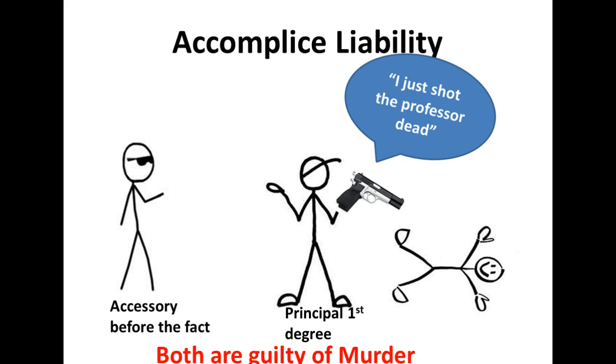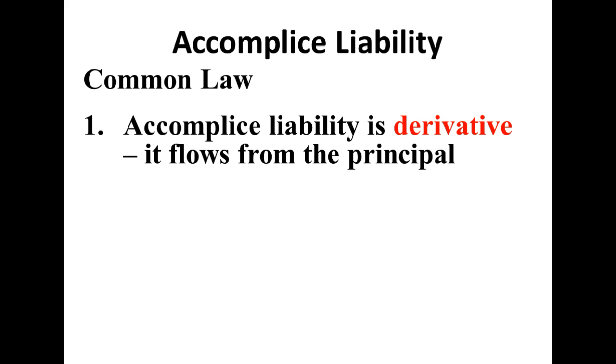So there is the principal, and then there are the accomplices, and they are the ones who aid, encourage, and assist the principal in committing the crime. So, at common law, accomplice liability is derivative. That is, it flows from the principal. So the accomplice's liability, their criminal fault here, flows from the principal.